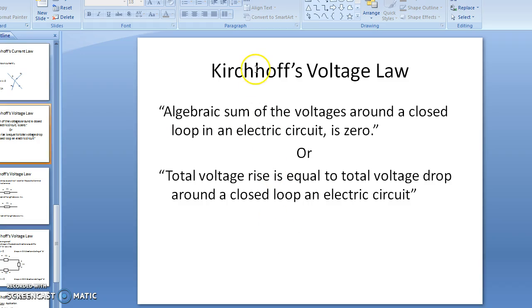Now let us discuss Kirchhoff's voltage law. Kirchhoff's voltage law is stated over a closed path in an electric circuit, which is also called a loop.